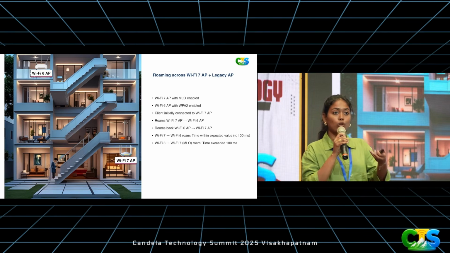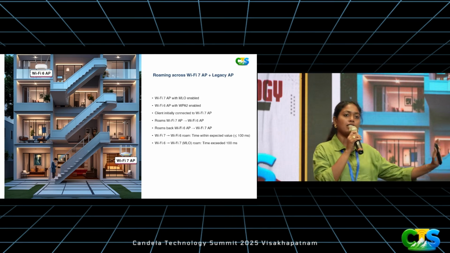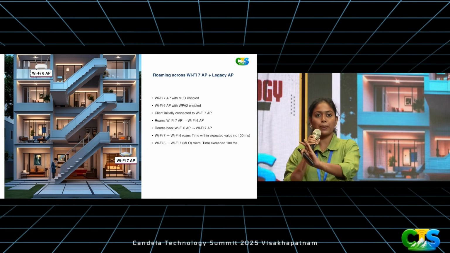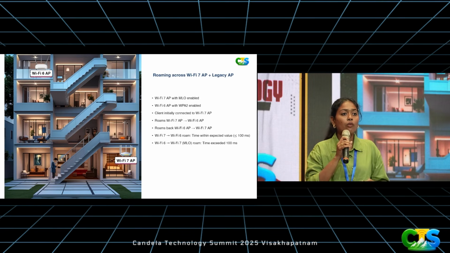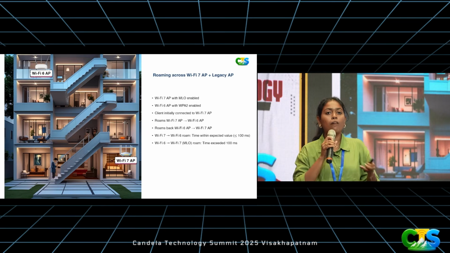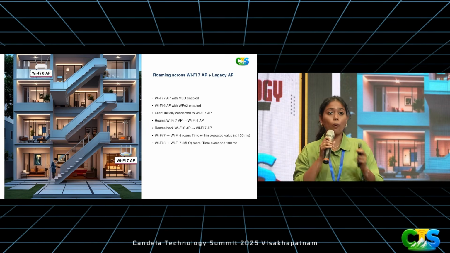So let me take you through the test topology. Initially we have a Wi-Fi 7 AP with MLO enabled, and we have a Wi-Fi 6 AP. And we wanted to validate the roaming performance of both legacy and modern Wi-Fi 7 clients in this mixed roaming topology.